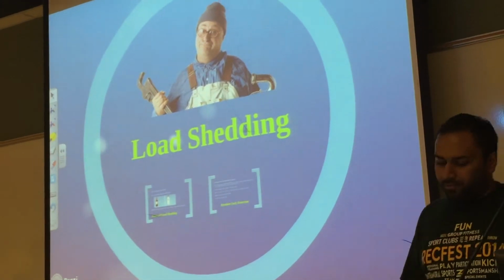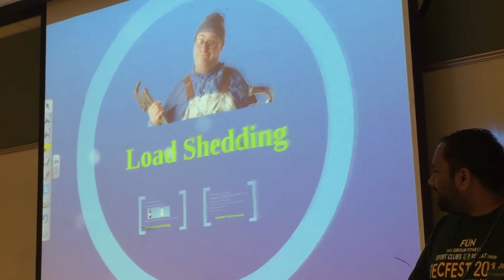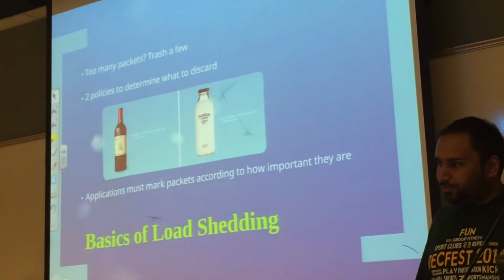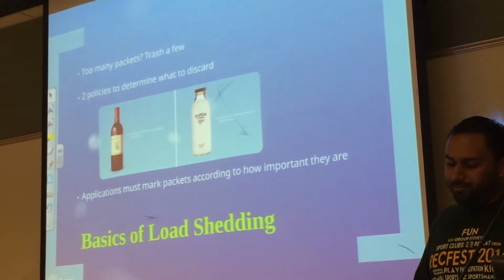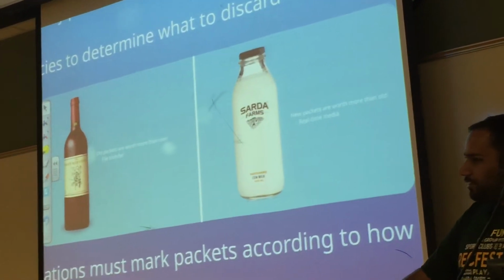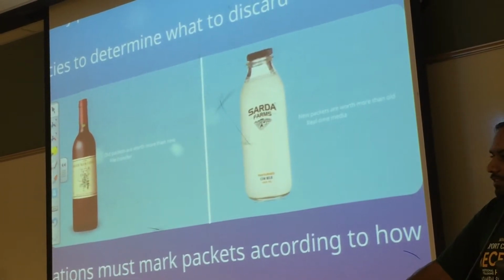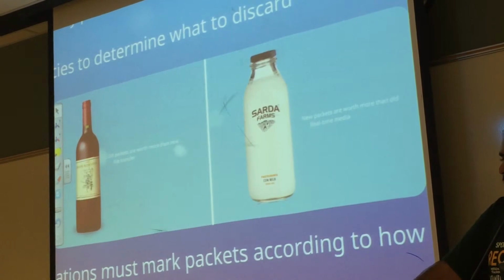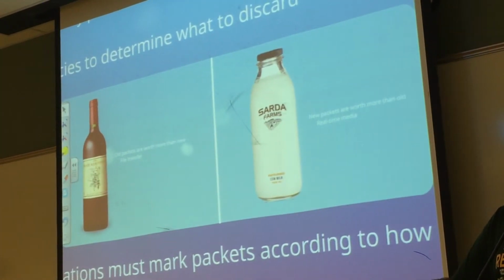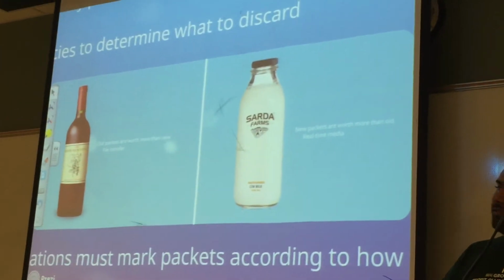And finally, load shedding, which sheds the network of packets. It uses two methods to determine which packets to shed. There's wine and there's milk. Wine means that older packets are more important than newer packets. For instance, in file transfer, you want to keep older packets so the receiving end can start building the file up rather than saving packets it can't use.